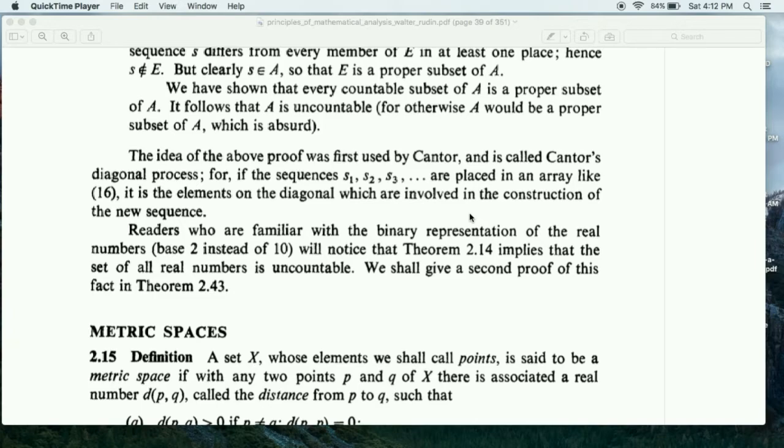So even real numbers can be depicted in sequences of this form, and from this theorem we get that the set of real numbers is uncountable.